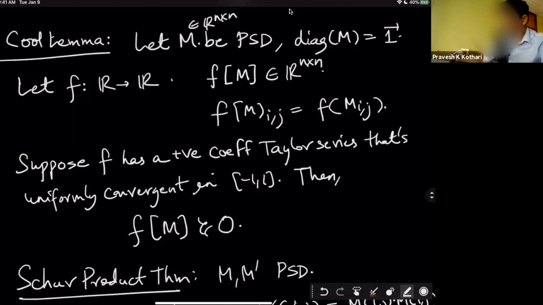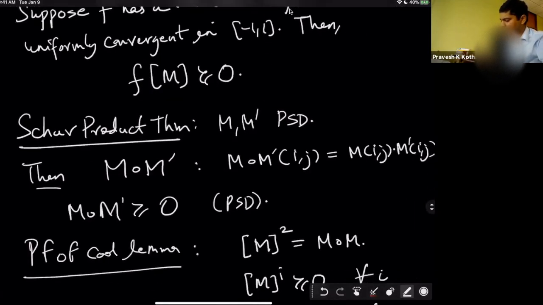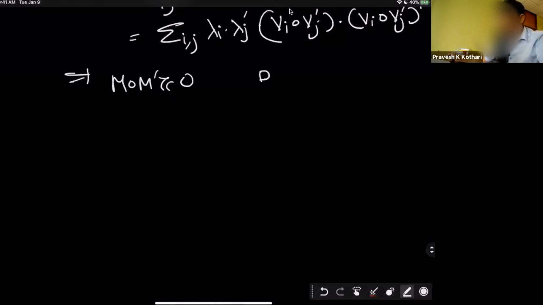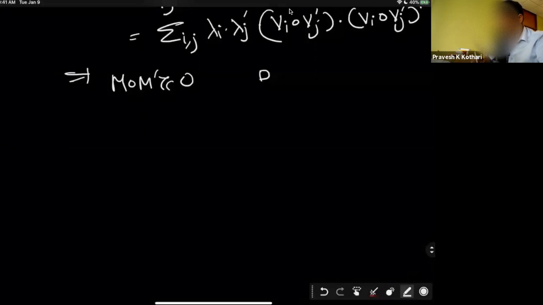So now we can go back to the proof of Nesterov's pi/2 theorem. And the main way I'm going to use this cool lemma is the following corollary, which will be very familiar to you once I write it, or at least would look very relevant.